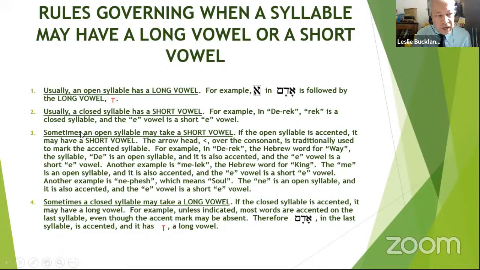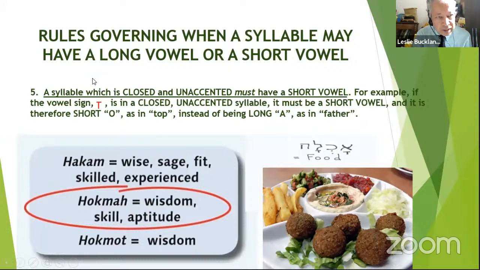Number 3, sometimes an open syllable may take a short vowel. Number 4, sometimes a closed syllable may take a long vowel. Number 5, a syllable which is closed and unaccented must have a short vowel.